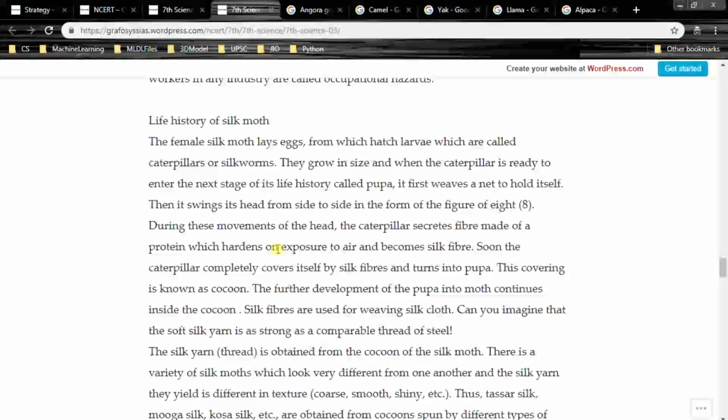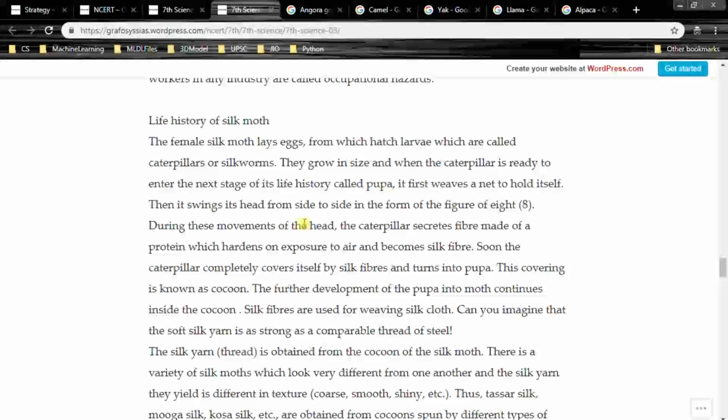So what happens is, first the female silk moth lays eggs, from which larvae, which are called caterpillars or silkworms. The caterpillar grows and enters into the next stage, pupa. There it weaves a net.